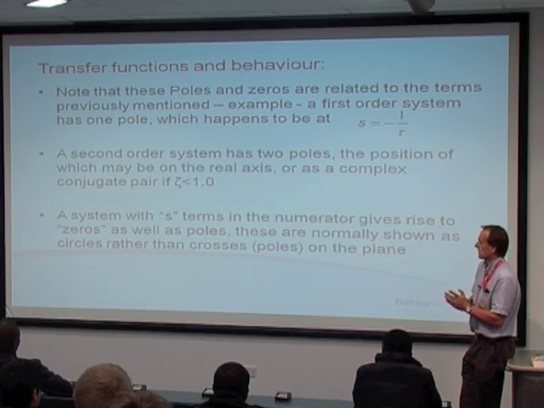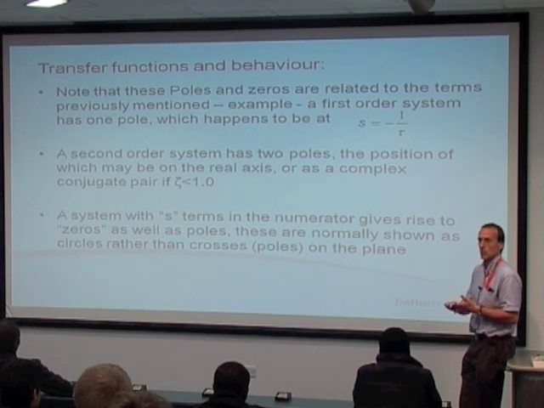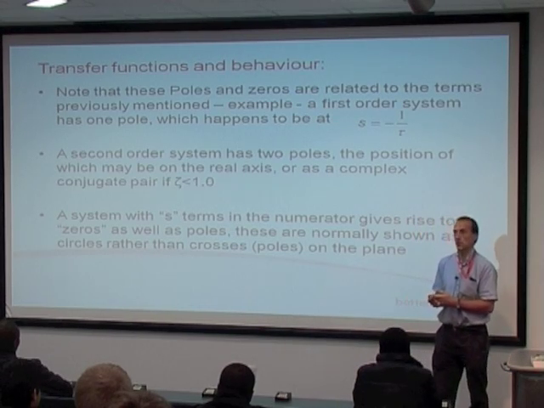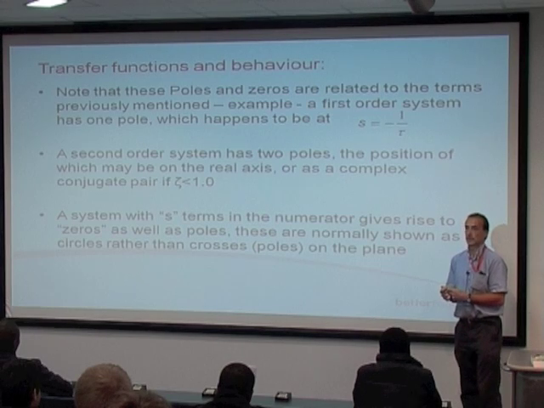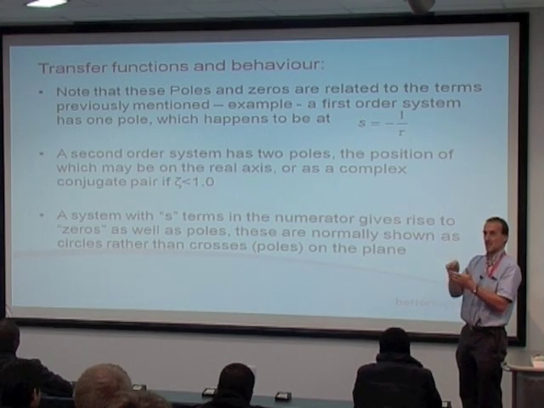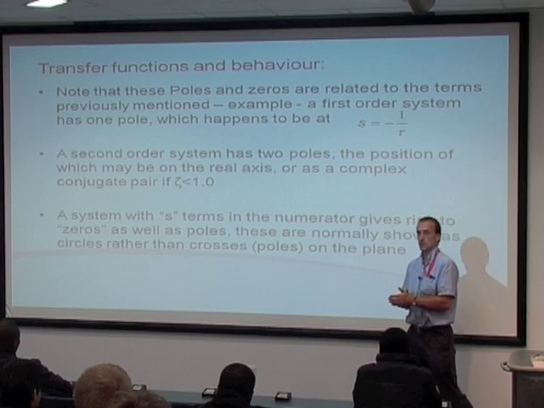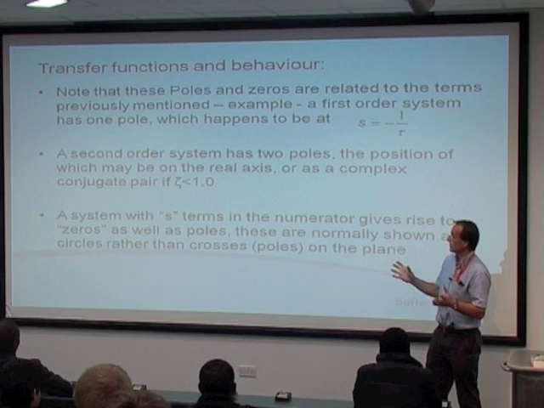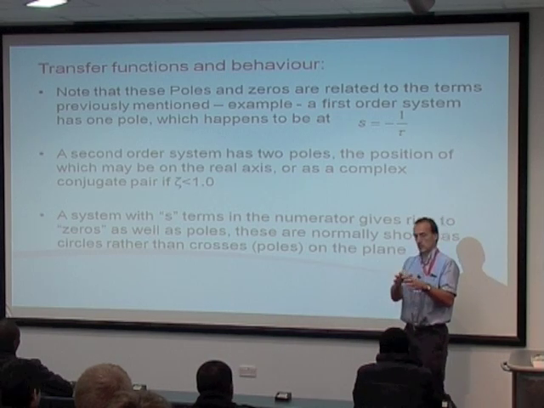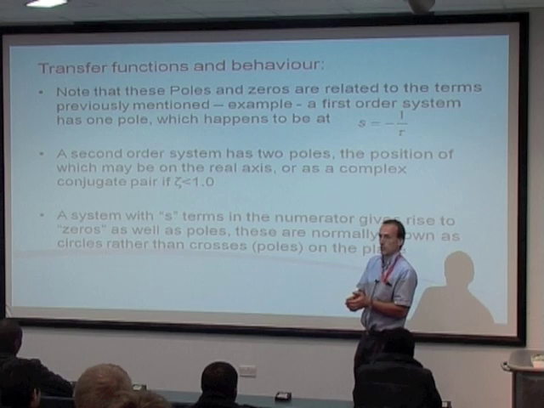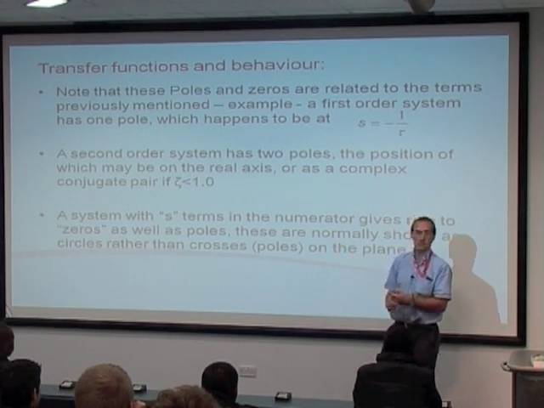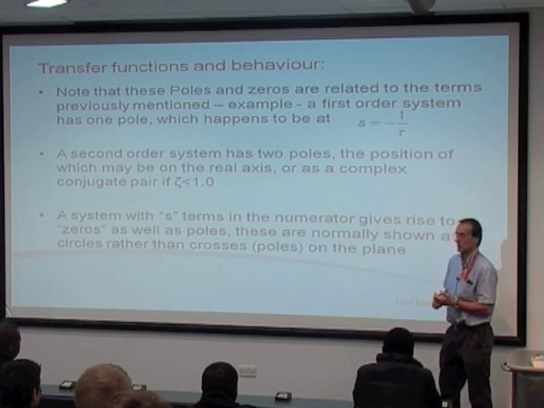Point to note is that when you get a complex solution, they tend to appear as complex conjugate pairs, because of the plus or minus bit in the factorization. You'll get a real part that's the same for both roots, and an imaginary part, one of which is plus j something, one of which is minus. So they're going to appear as a pair.